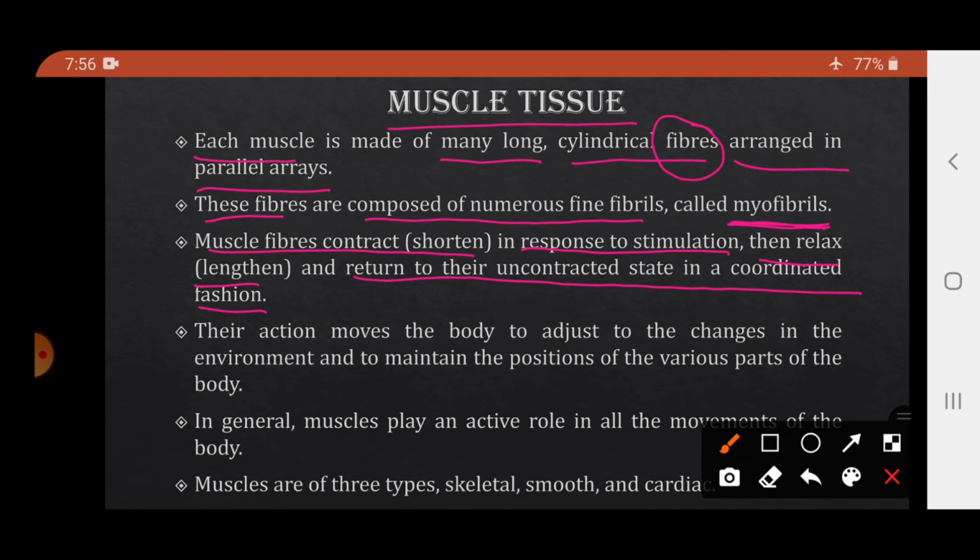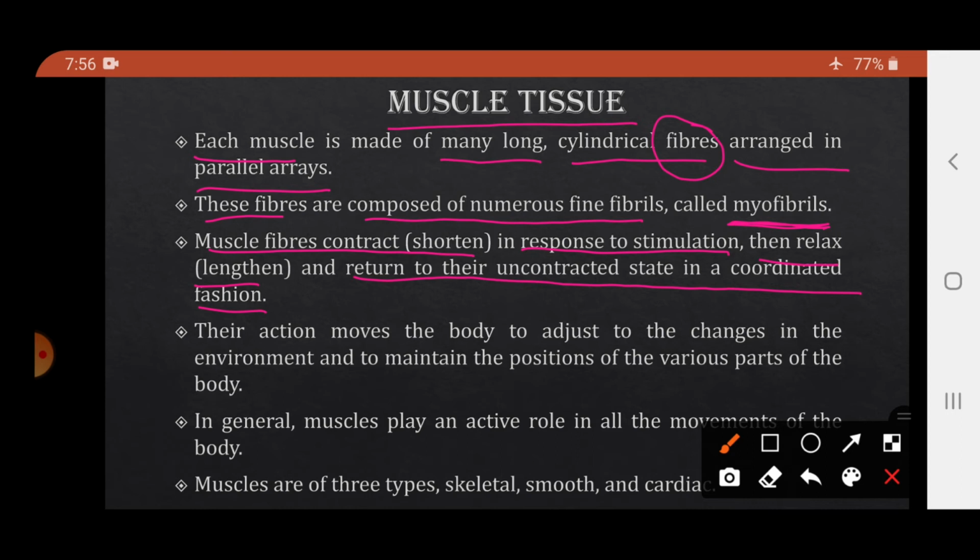So muscles कभी भी contracted condition में नहीं रहेंगे. Contract हो गए फिर तुरंत ही वो relax हो गए यानी they come to their original position. And ये जो contraction and relaxation होता है, ये coordinated manner में होता है.